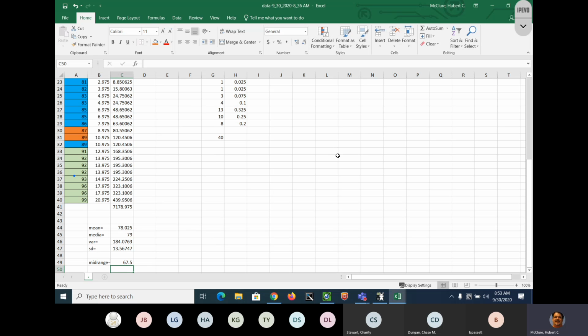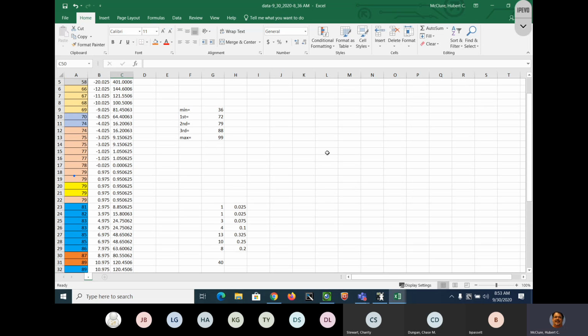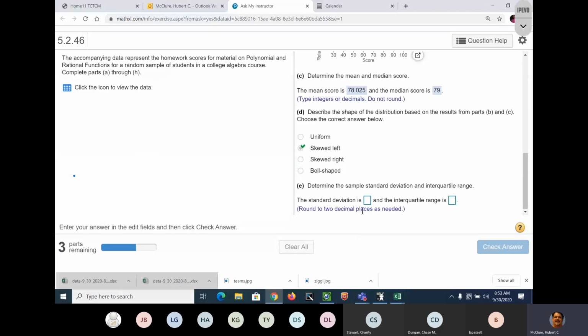Now I've got to write them all down. So our 5-number summary is 36, 72, 79, 88, and 99. So let's go type that in, and then they're going to ask for the box plot next. The standard deviation, I didn't type that in.